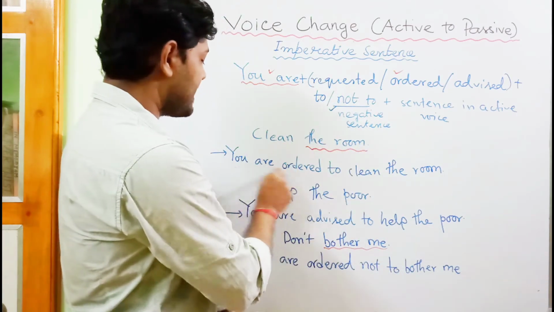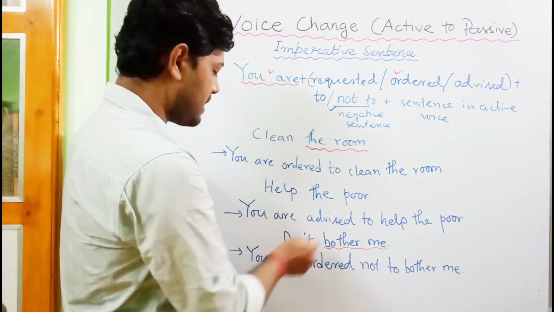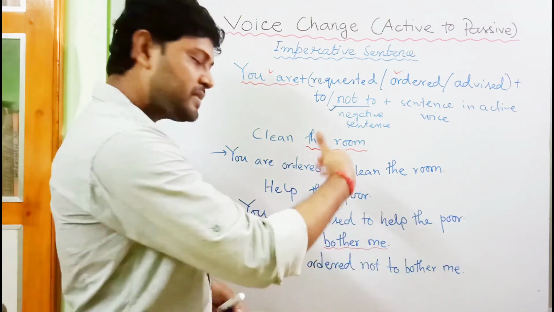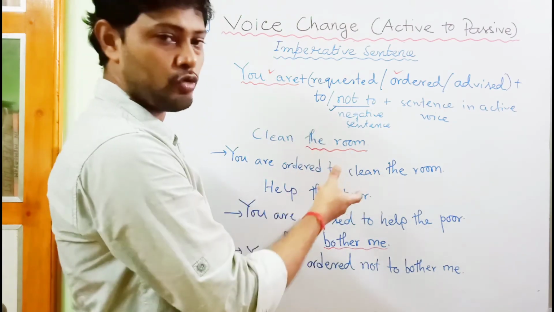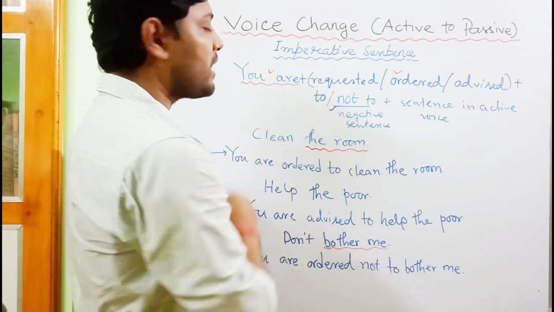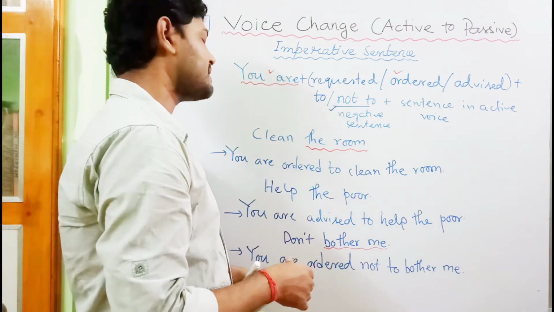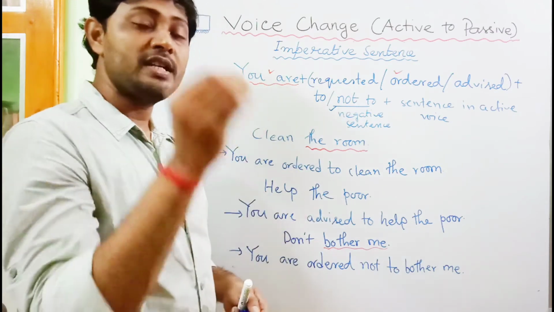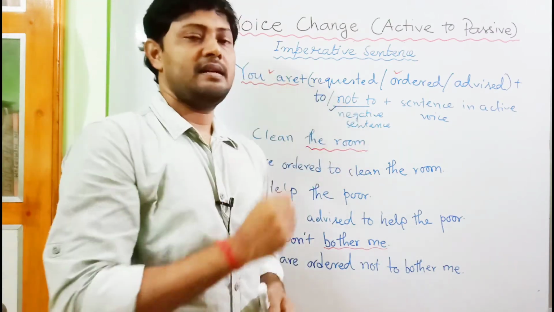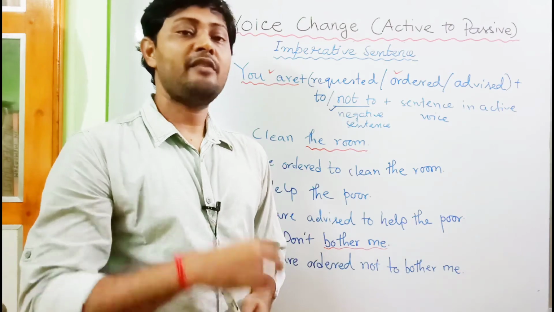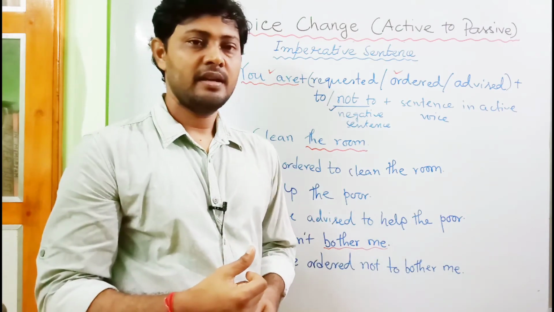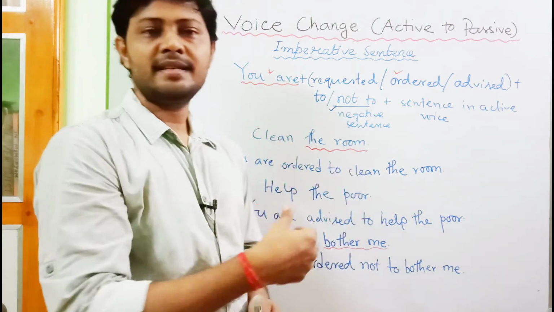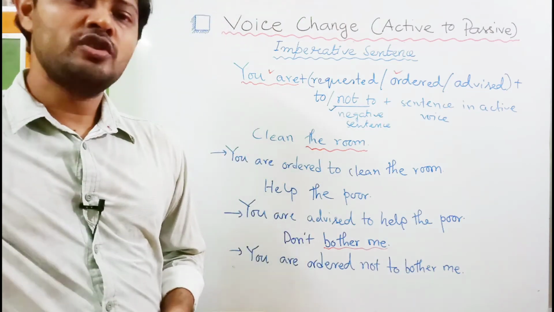The passive verb is here: you are ordered, you are advised. But this is also a correct method. And one plus point of the second method is that even in some imperative sentences which do not have the object, we can change the voice using this method.